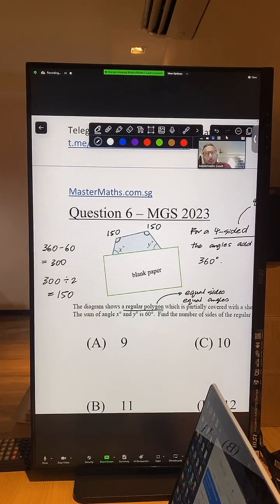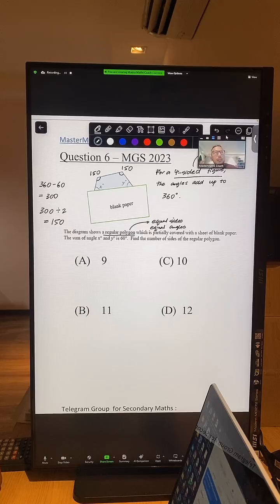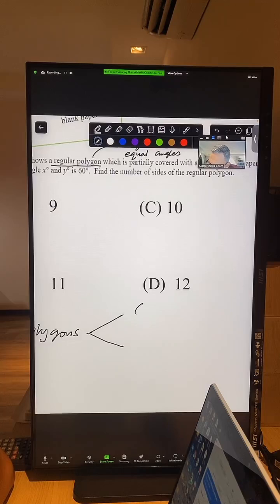Now, when we talk about polygons, there are basically two formulas that you need to memorize. One formula is n minus 2 times 180 degrees.